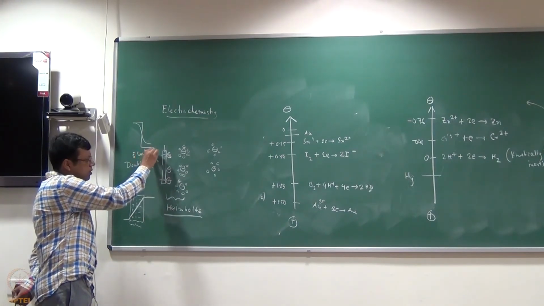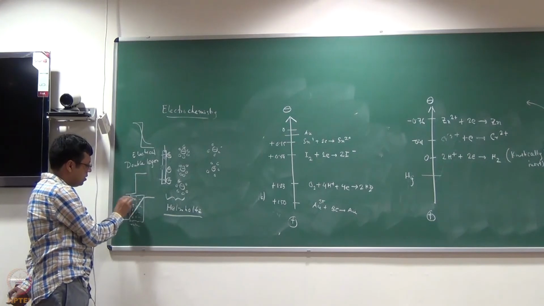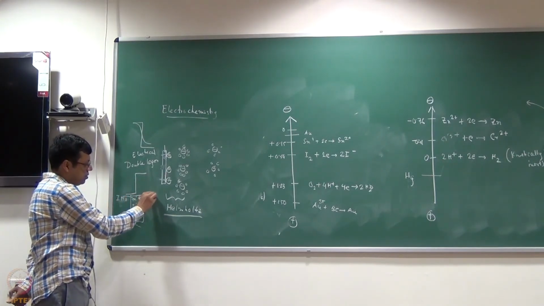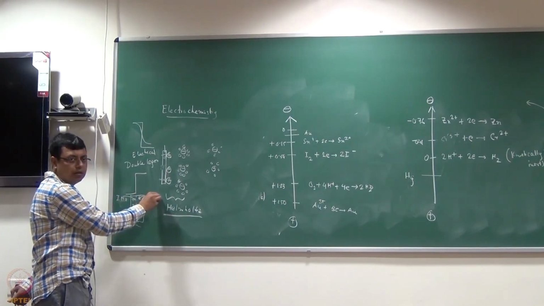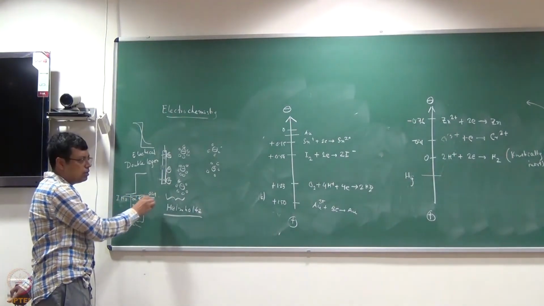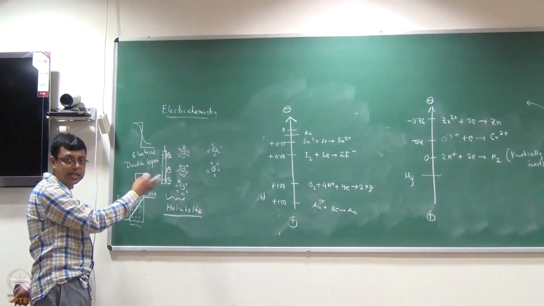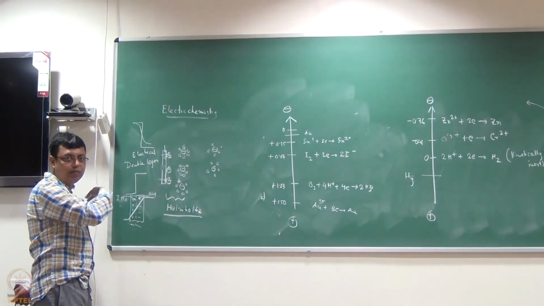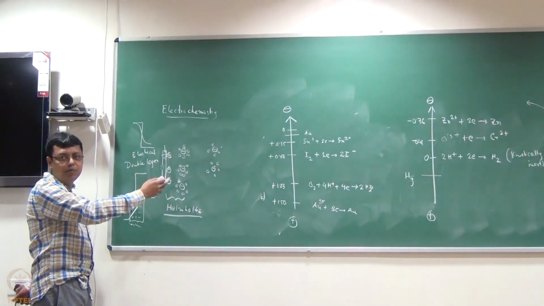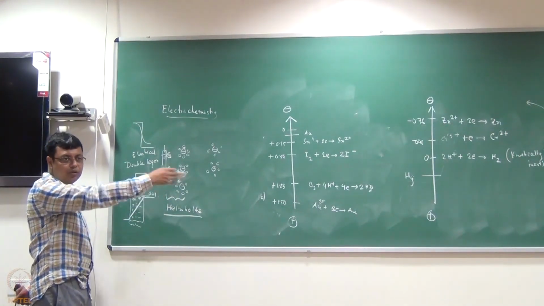In textbooks like Atkins, you will see that they always write it as IHP and OHP, the inner Helmholtz plane and outer Helmholtz plane. This is just a model to understand how the potential changes as I traverse a unit positive test charge across the interface, from metal to the solution.